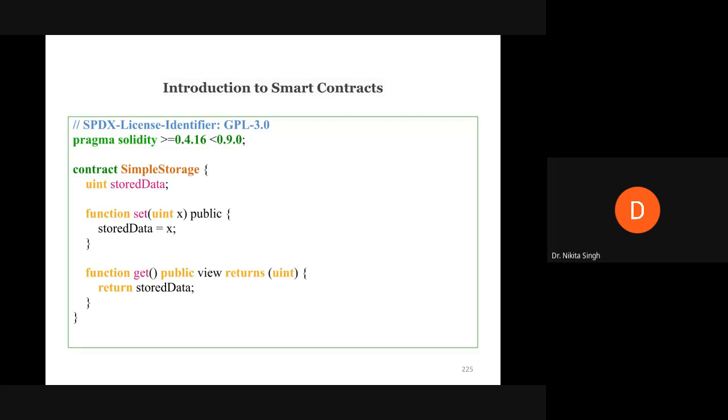So in this example, we have defined two functions, a set function and a get function, that can be used either to store something on your shared variable or to retrieve something from your shared variable.